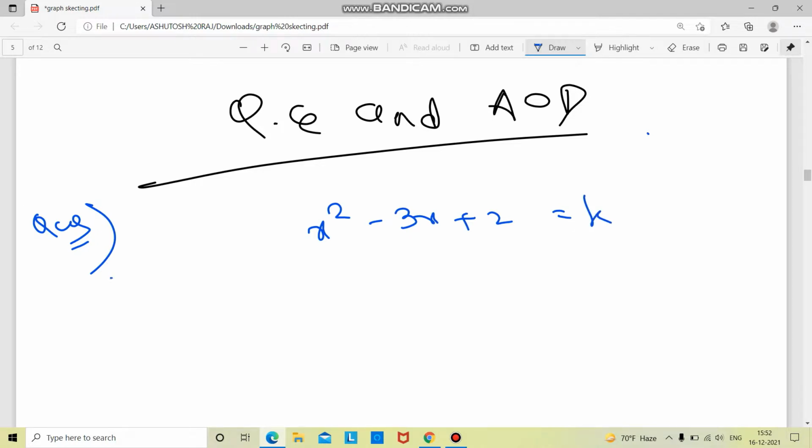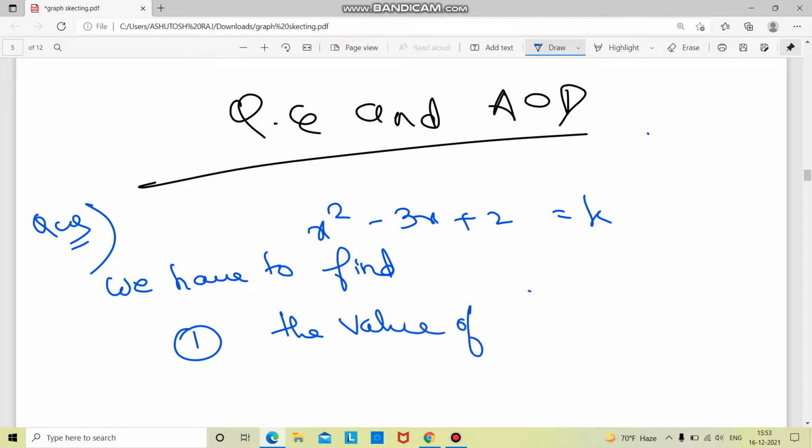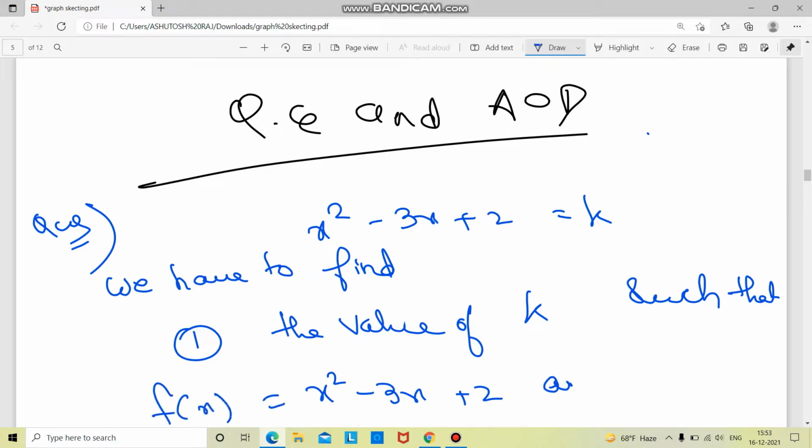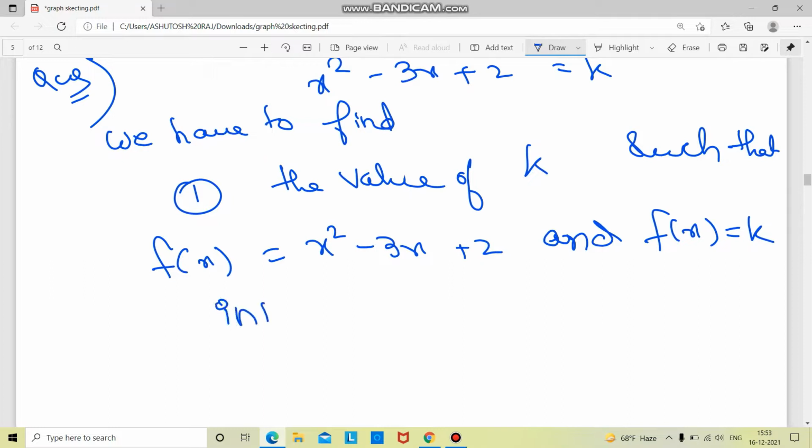First we have to find the value of k such that f(x) equal to x square minus 3x plus 2 and y equal to k intersect at right angles.